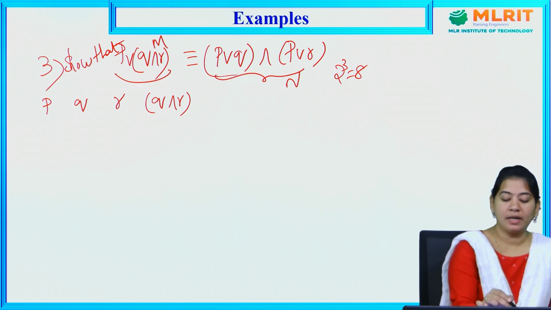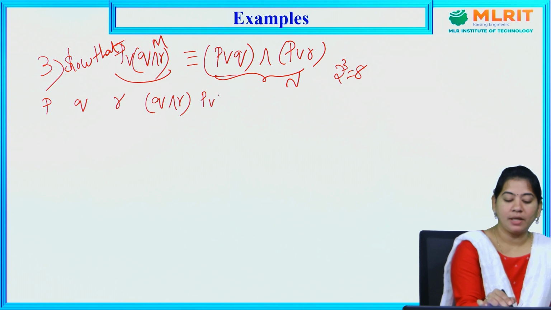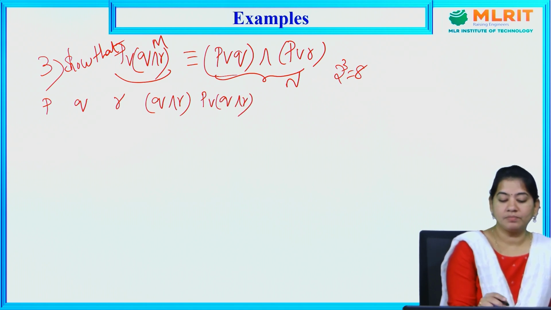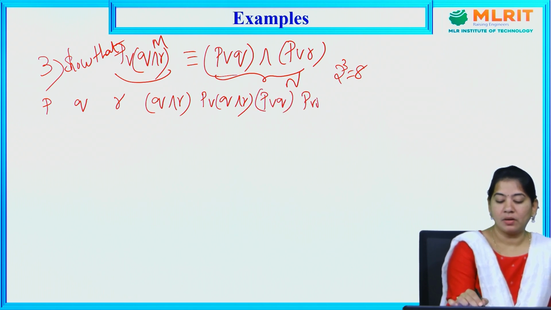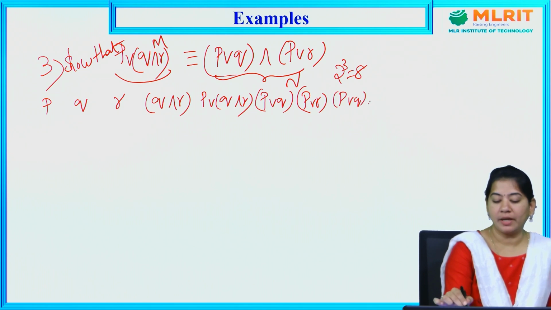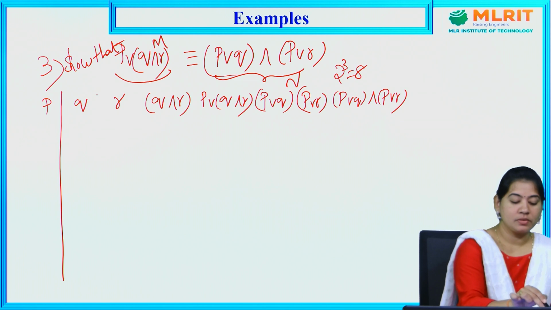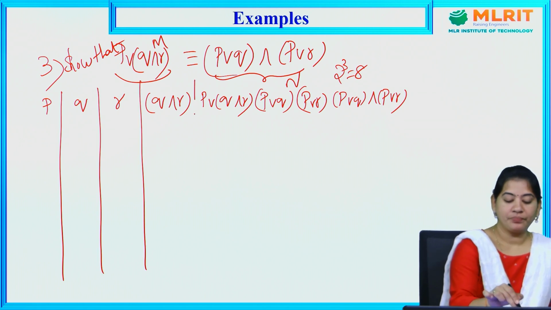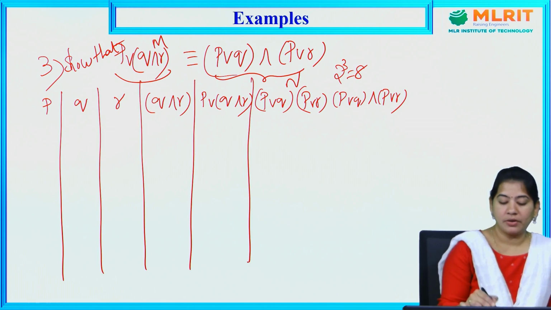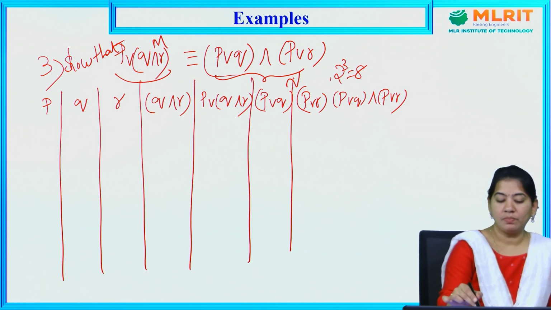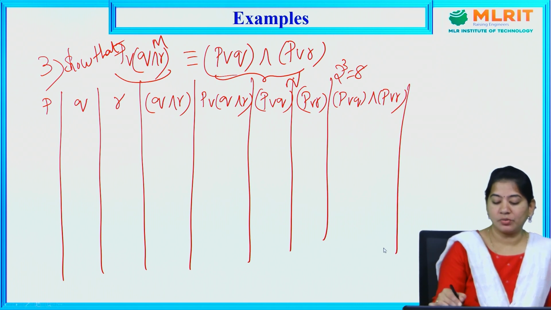So here Q and R, then you have to write P or Q and R. Next, P or Q, P or R. Next, the total N statement, you have to write P or Q and P or R. So let us draw the lines here. P or Q and R, P or Q, P or R, and the last one this one.